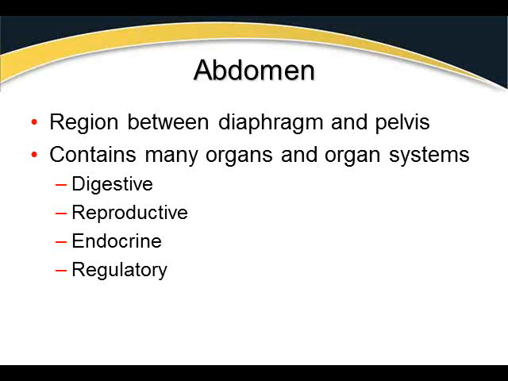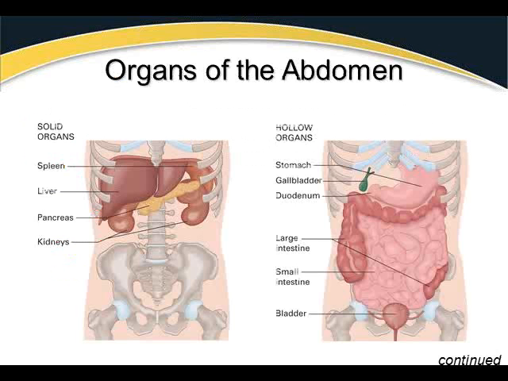The reproductive organs, usually the uterus and the ovaries, sit down in the pelvic bowl, in their own little areas. The spleen is tucked up behind. The only real major endocrine organ that we think about in the abdomen is the pancreas. Of course, it plays an extremely important part.